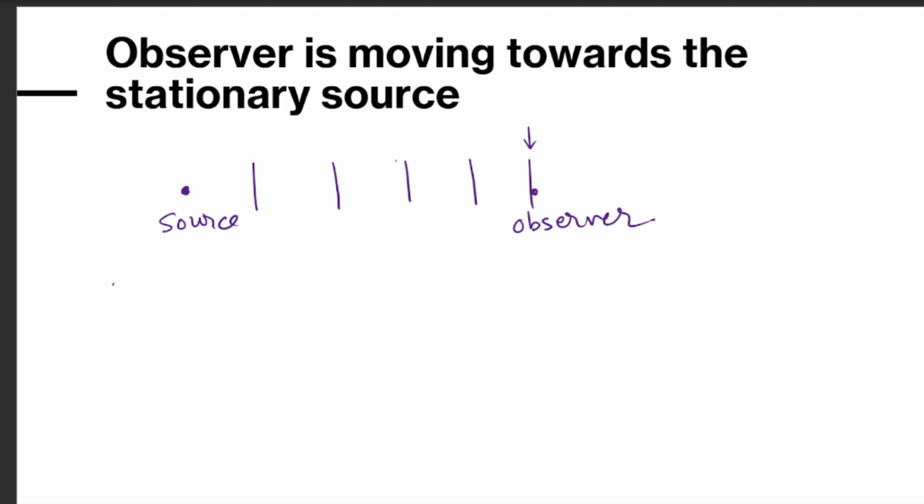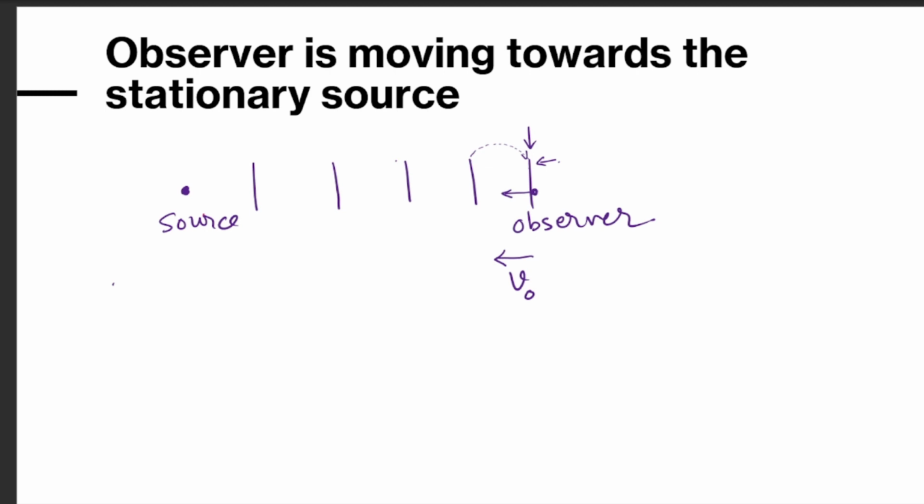Now, when the observer starts moving towards the source with velocity, let's say the velocity of the observer is v0, then the observer will catch more pulses in less time. If this is the first pulse heard by the observer, the second pulse will take some time to reach here. An observer has to wait to hear the second pulse. But the observer is now very curious and running towards the source.